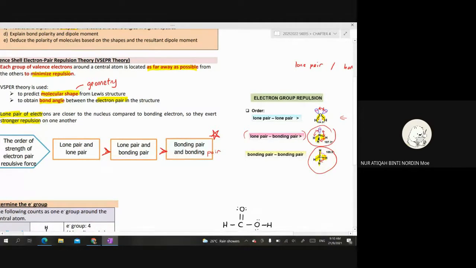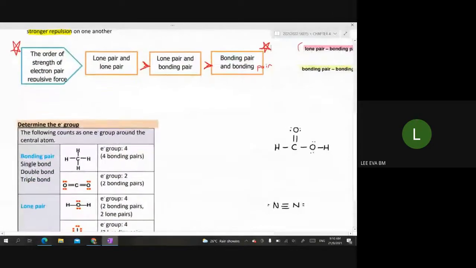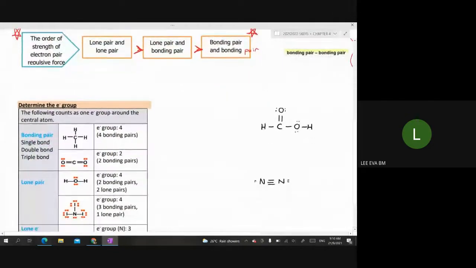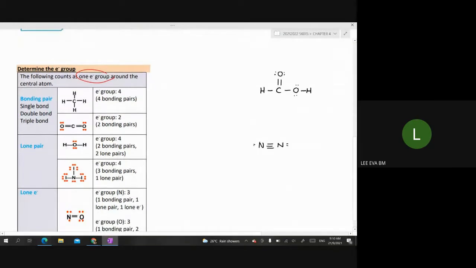Okay. So the next thing we want to see is determine electron group. The following counts as 1 electron group around the center atom. So when we say about bonding pair, it includes single bond as 1 pair.